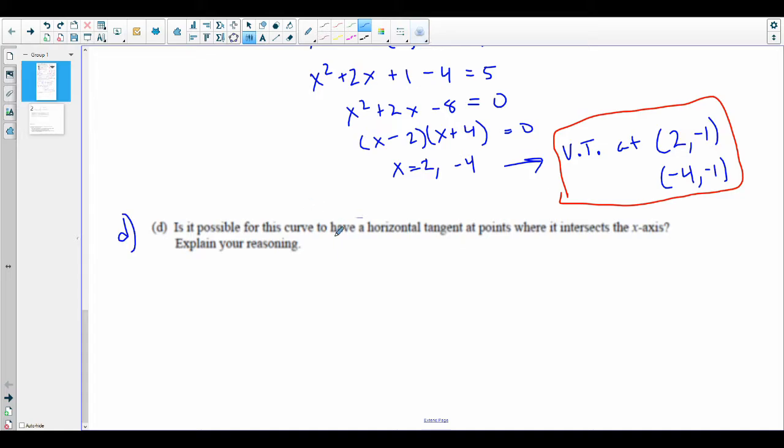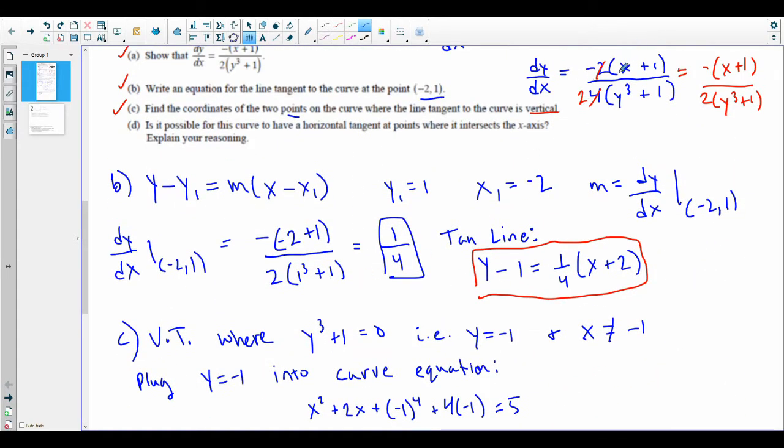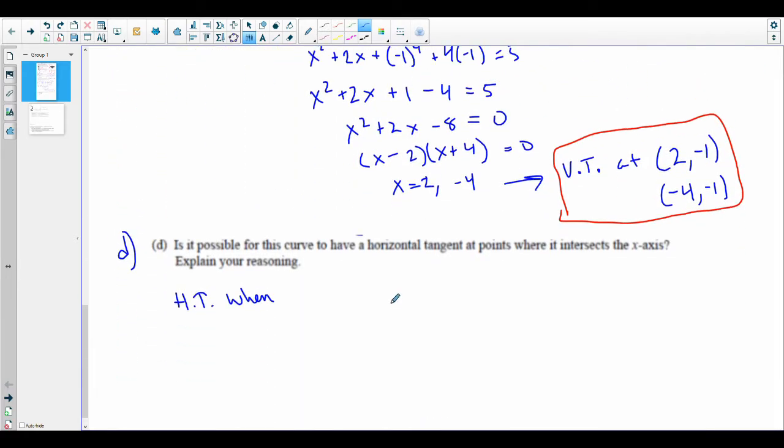In order to have a horizontal tangent, we're going to have one when the top of this fraction that is our derivative is equal to 0. In other words, when x plus 1 equals 0, or x equals negative 1.